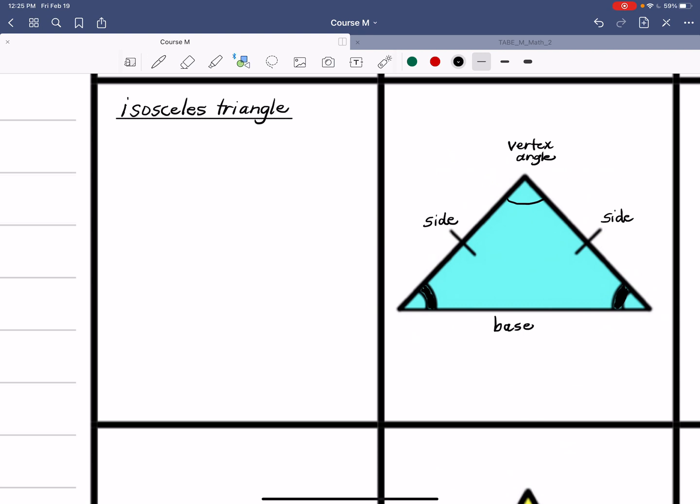So let's see what characteristics it has. It has two equal sides, so it's still irregular. That base is different, so it's not regular. It has two equal angles, and those will be the base angles. Two equal base angles.